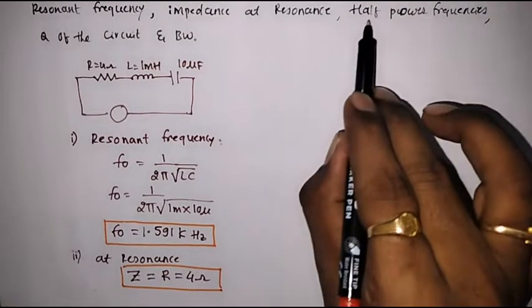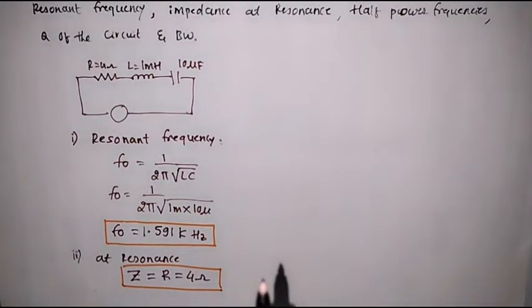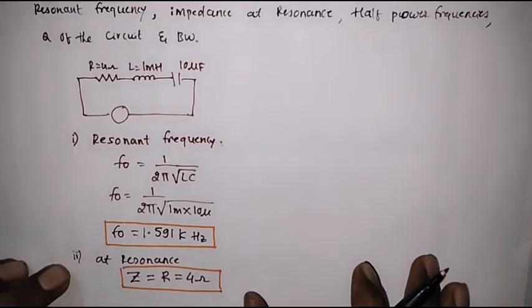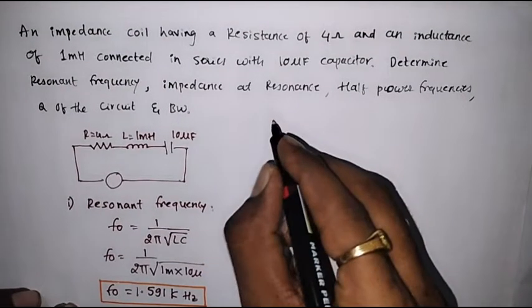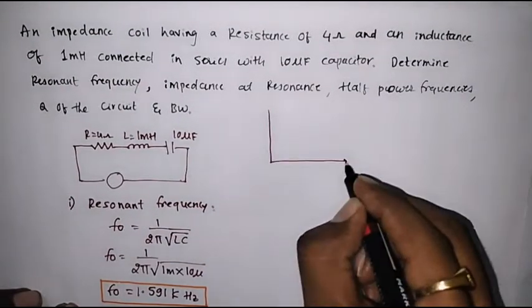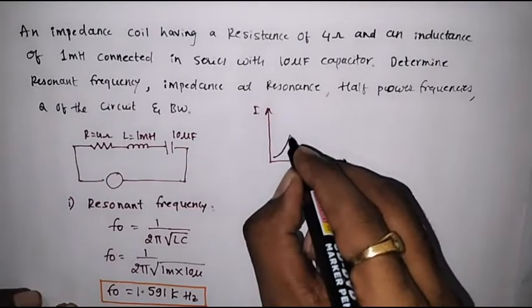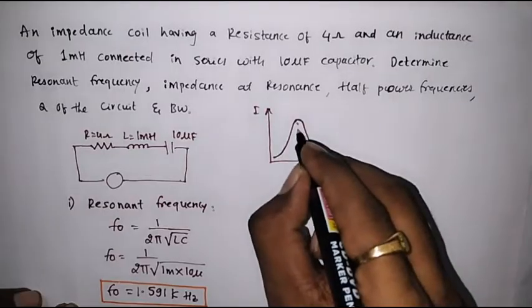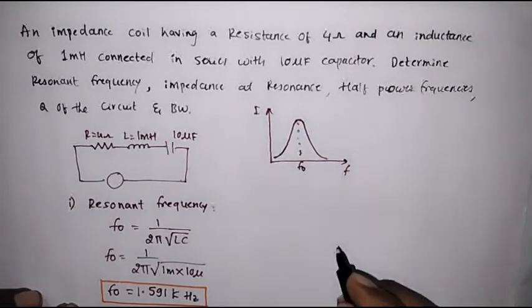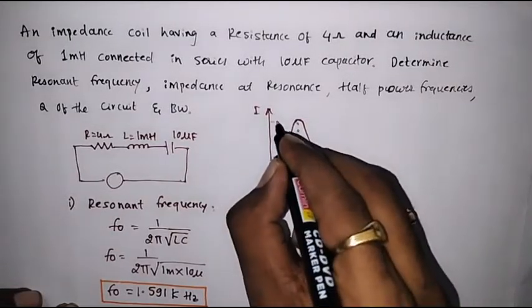Now let us find half power frequencies. We know that in series RLC circuit, I will show here. If we draw current versus frequency, the graph looks like this, and we know that this is resonant frequency.